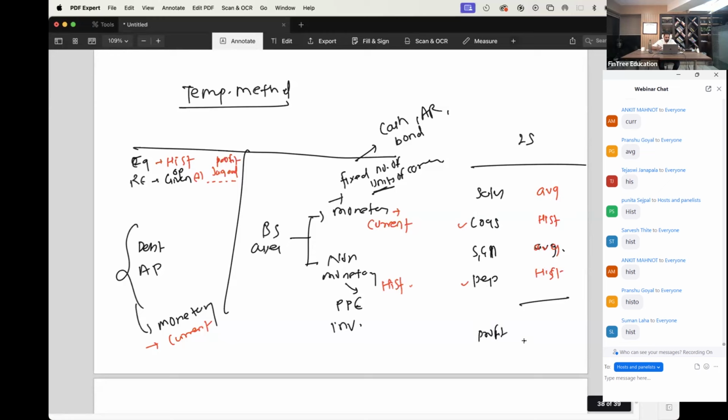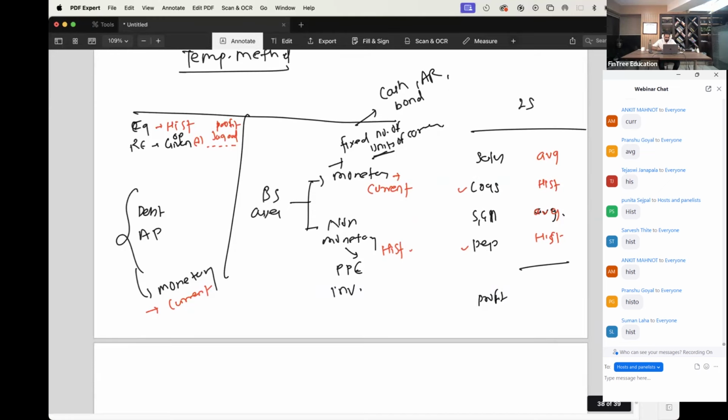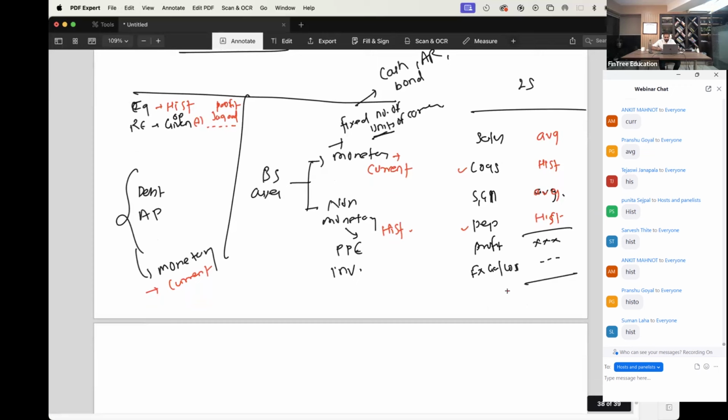Okay. However, see, this is the profit and this is my jugaad profit. So right now, let's just call it profit, some XYZ number. But this is not my final profit. To that, I need to do some FX gain or loss. I have to add some number. Then I will get my final profit.